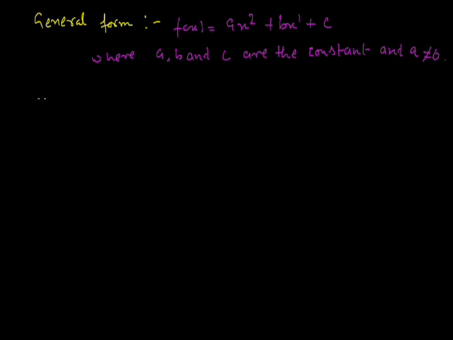We take some examples. Example first, f(x) equal to 2x square plus 6x plus 4. In the above example, we see that the highest degree of the polynomial is 2. So this is a quadratic polynomial.